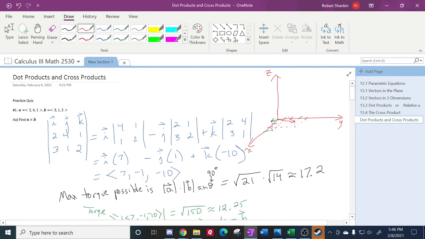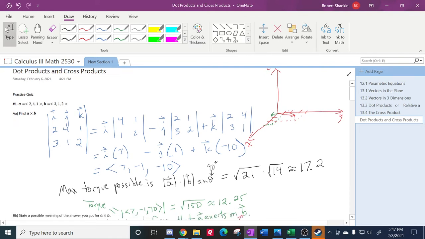There's a good deal of perpendicularity to them. Now the A is the red one. How much does that turn this one?